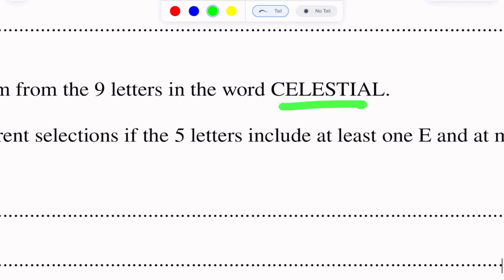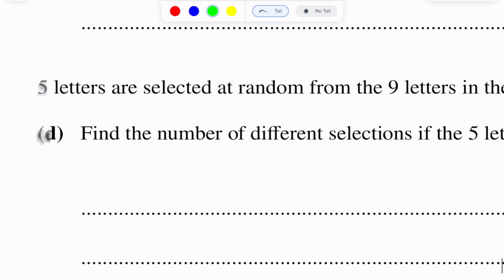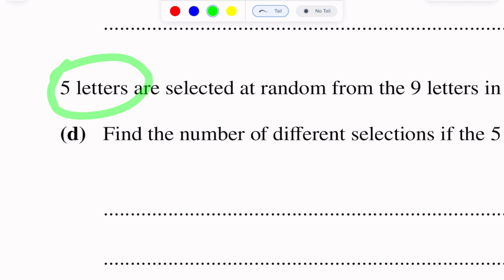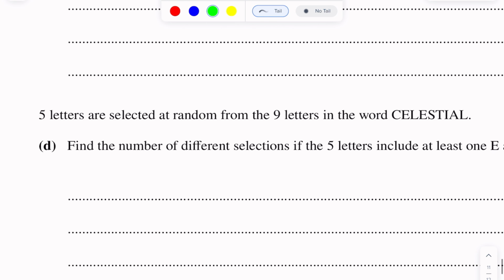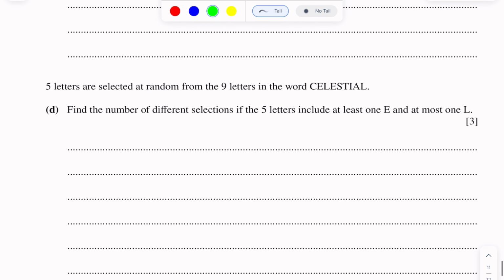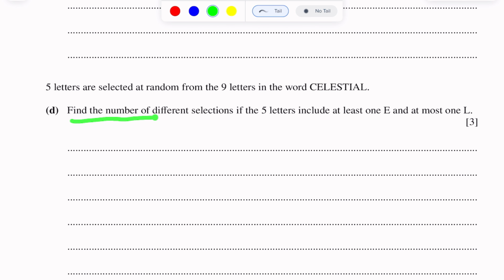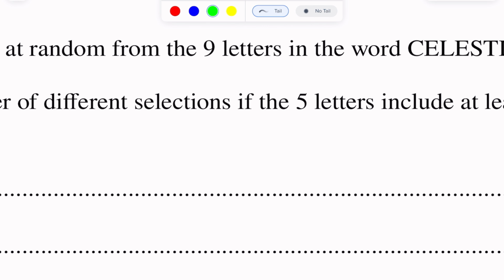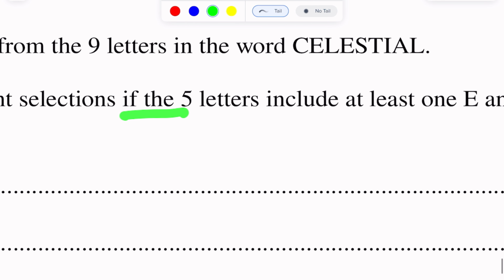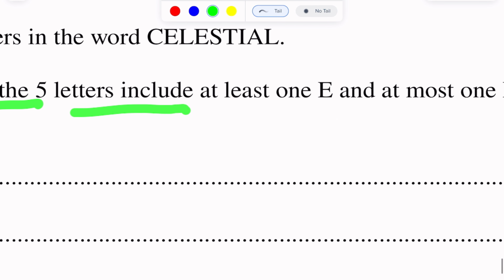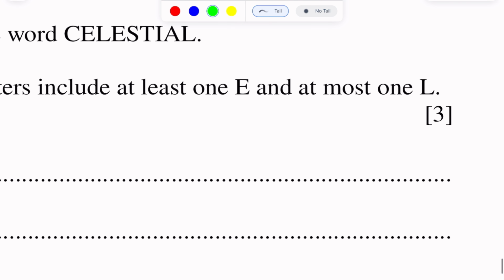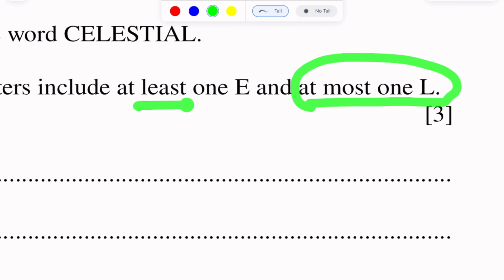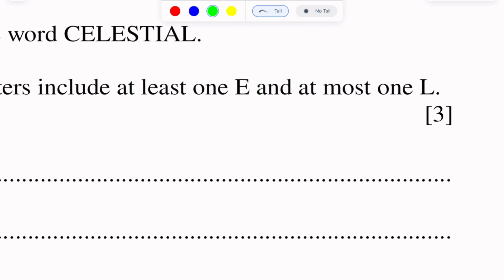We have to select 5 letters from these. The restriction is: find the number of different selections if the 5 letters include at least one E and at most one L.